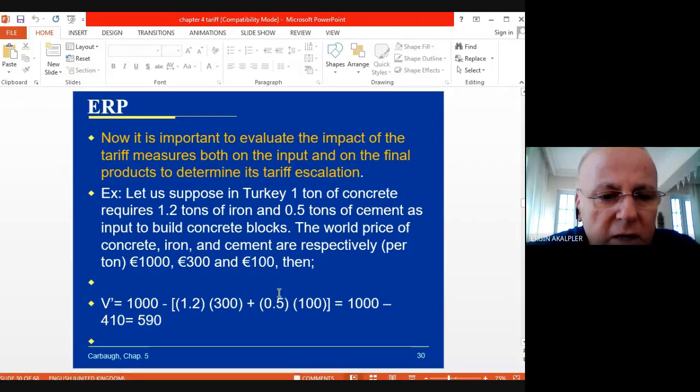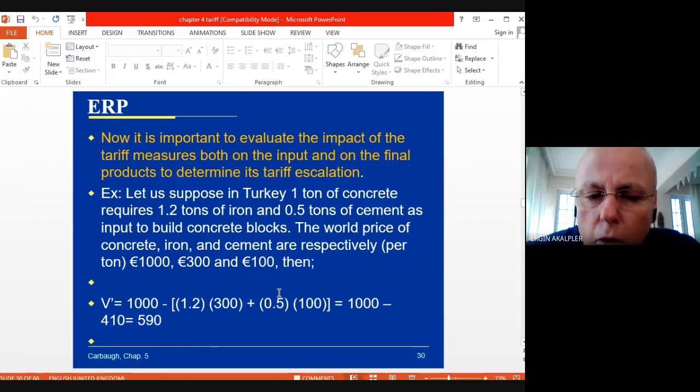In a given example, a very simple product, concrete, is introduced to you from Turkey. Let's suppose 1 ton of concrete requires 1.2 tons of iron and 0.5 tons of cement as inputs to build the concrete blocks. Iron and cement are semi-finished, but they can be finished goods in the market, and if you use them to build the concrete blocks, they become inputs.